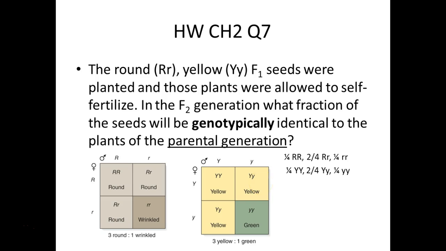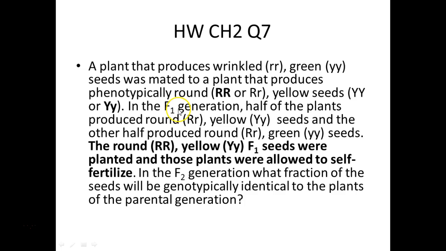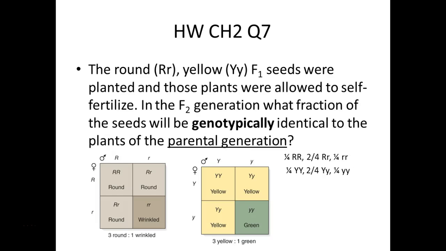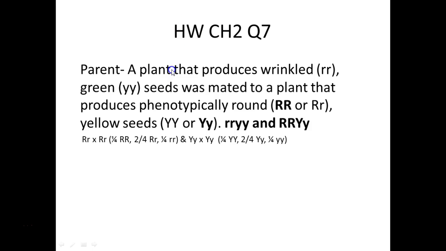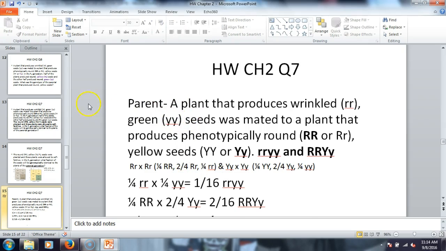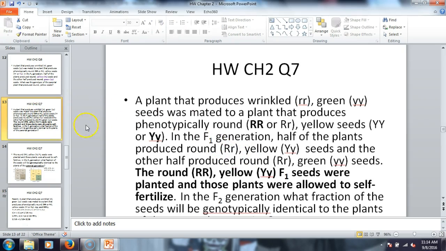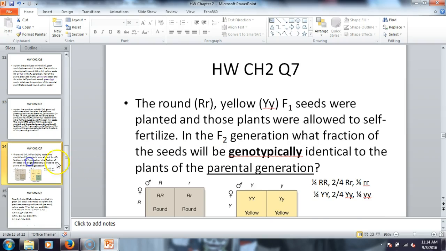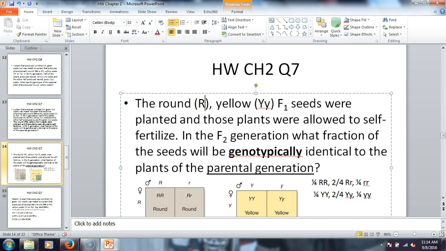So did I write them out right? Oh, see, it's wrong on here too. Here, I thought I did my homework right, and I screwed up. Okay. So this guy crossed with this guy.